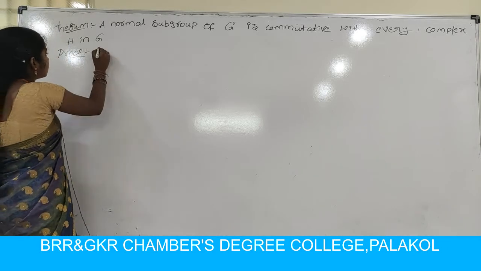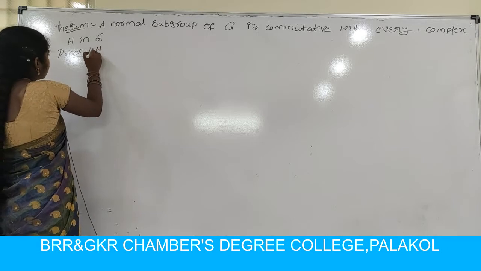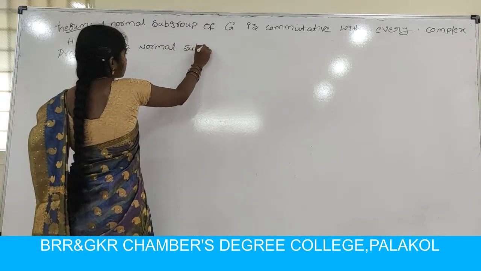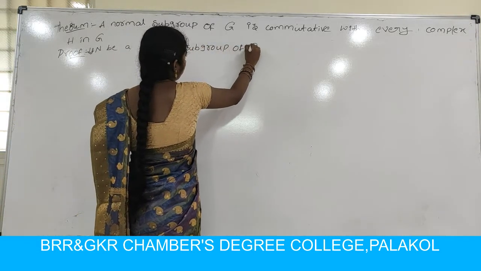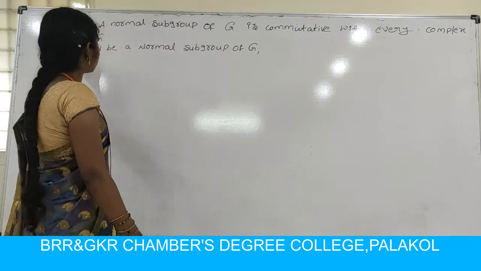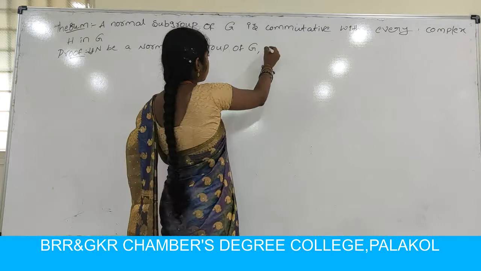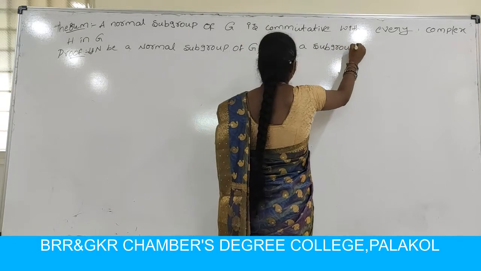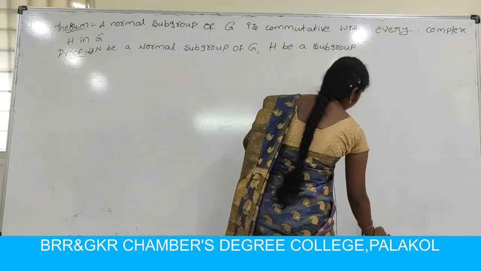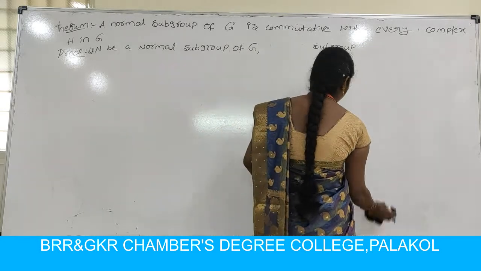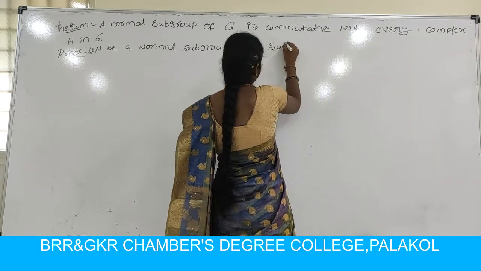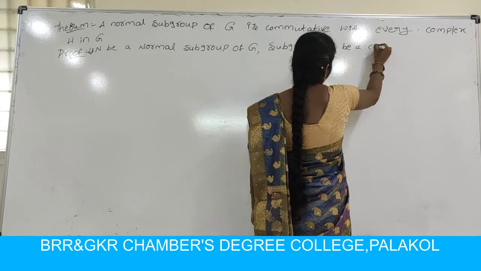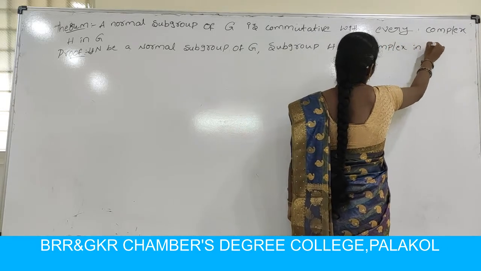So first of all, given that N is a normal subgroup of Z, let H be a complex in Z.